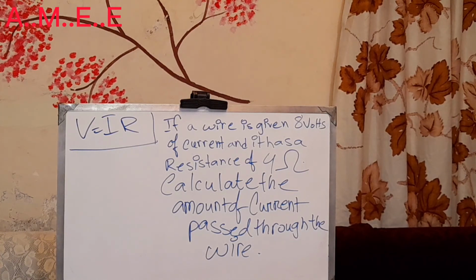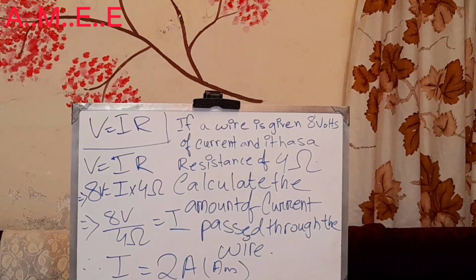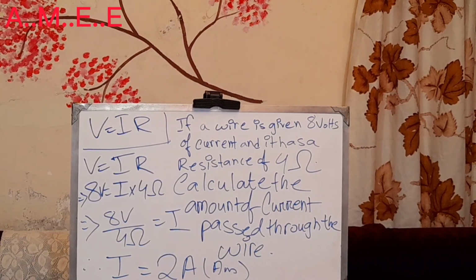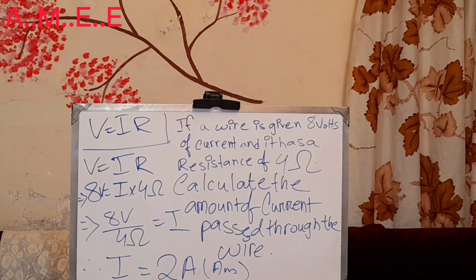We will simply use the formula V equals IR. By using the formula, we just put in the values. We are given the value of voltage. How much voltage is given? 8 volts.